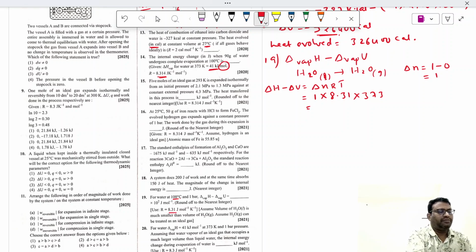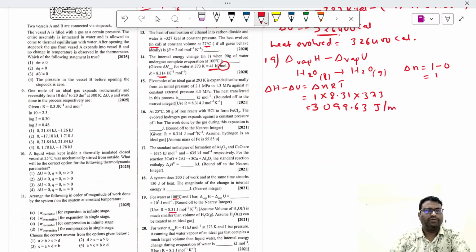Okay, what is the answer? Answer is 3099.63 joule per mole, because it is 1 mole only, right?